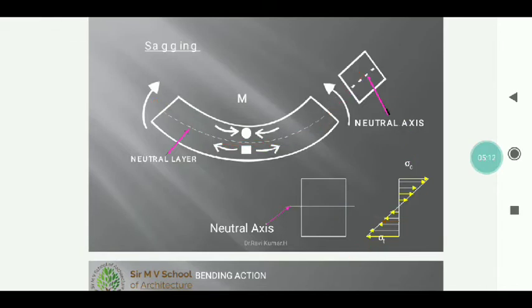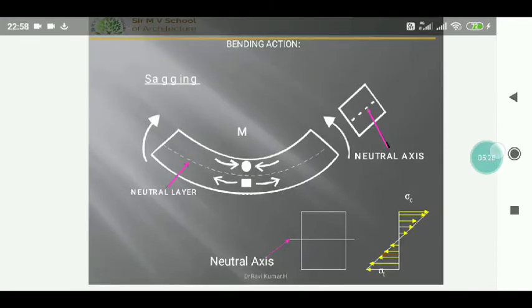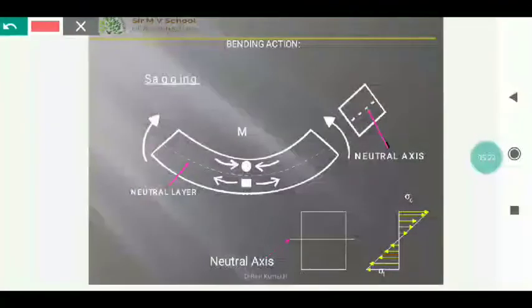So we understood that in a beam, whenever there is a sagging bending moment in a simply supported beam, the fibers below the neutral axis get stretched and are in tension, and the fibers above the neutral axis get compressed and are in compression. If by chance there is hogging, it is vice versa.